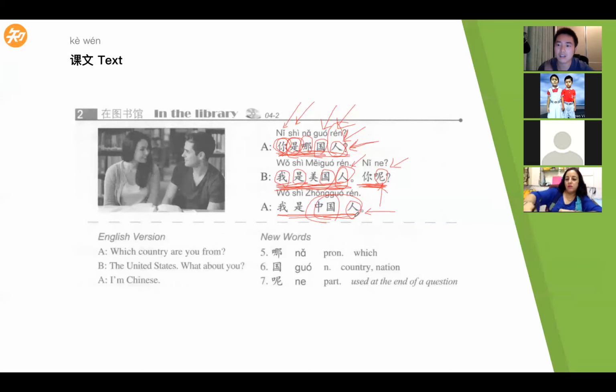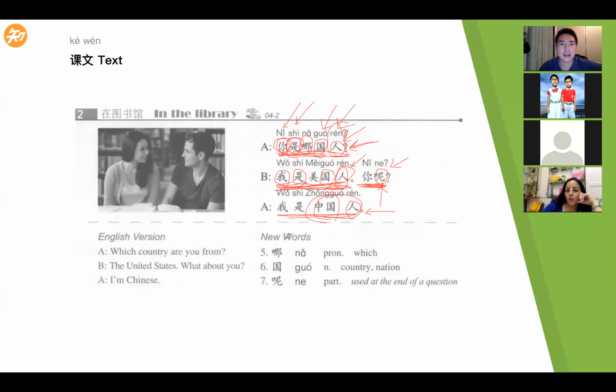The 人 cannot be omitted, because if you use 我是印度, that means I am India, a country. That is not correct. I am an Indian. The last character 人 cannot be omitted. Many new learners will make this mistake sometimes.